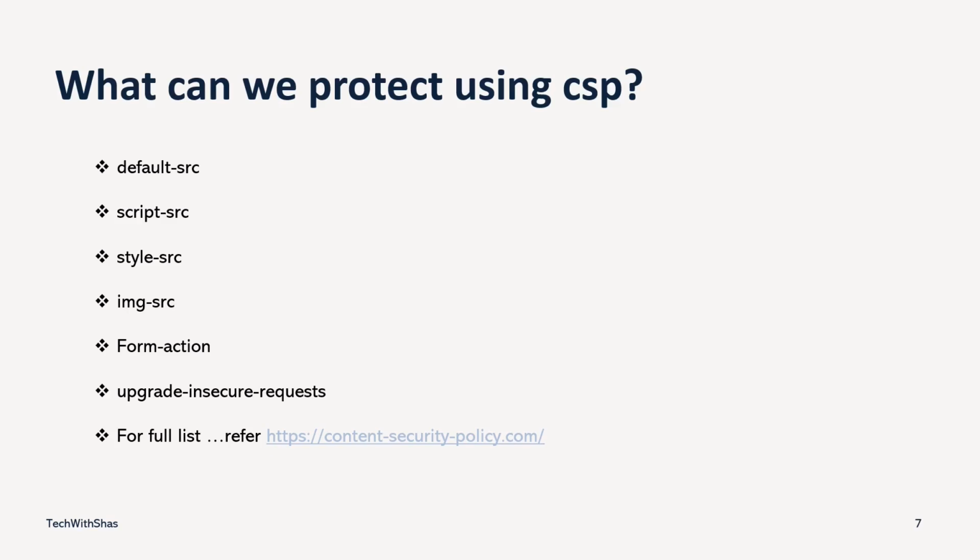The major focus I'll have is on scripts, because when hackers are able to inject their script, they are able to execute their particular code. That is a bigger threat than anything else. Also, there are many directives defined by the security policy, and I'll just go through a few of them. But if you are interested, you can go through the others as well in this link. It is given here.